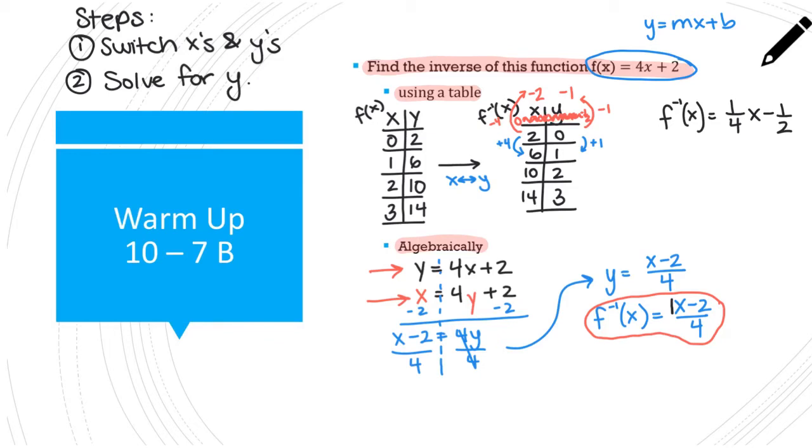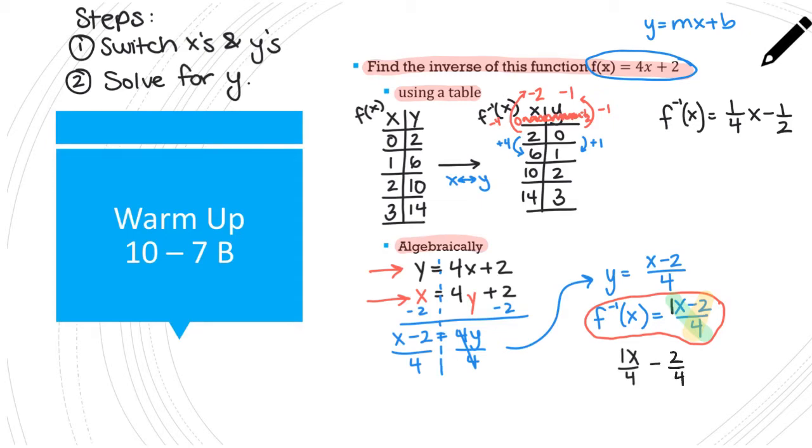Then I'm going to do that double division that we've talked about before, where I would take that 1x divided by 4, that would be one part of my double division. And then my other part would be doing the -2 divided by 4.